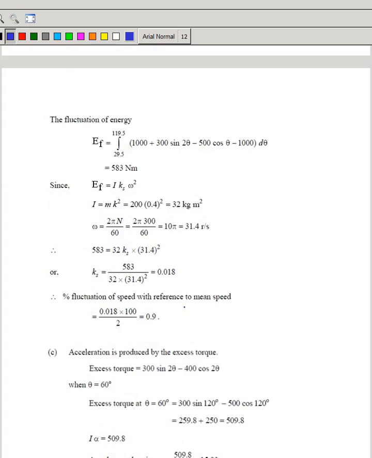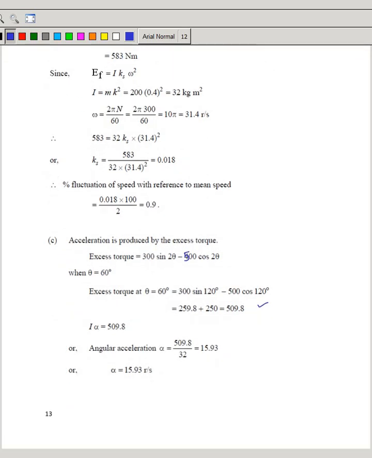So this is the extra torque, and at theta equal to 60 degree, this is the extra torque. Extra torque is equal to I alpha.